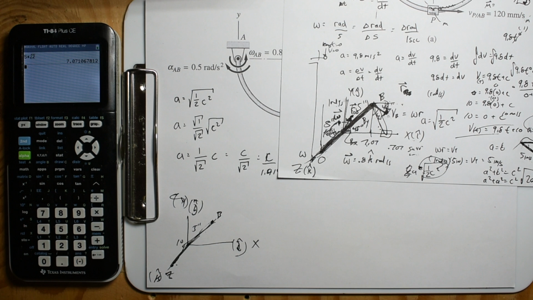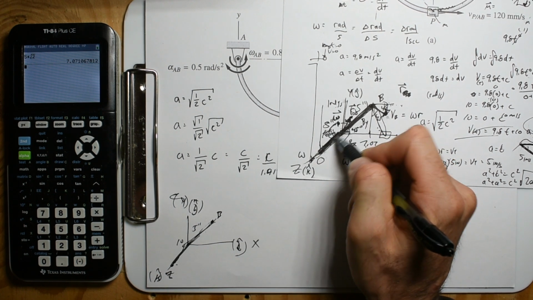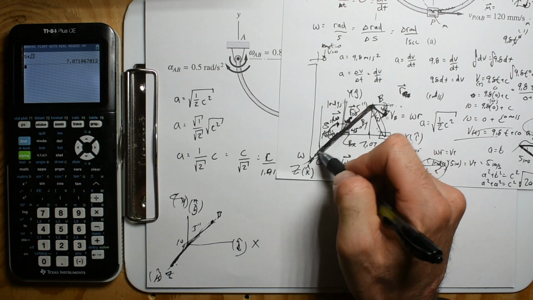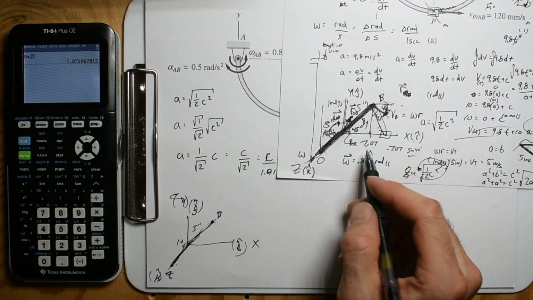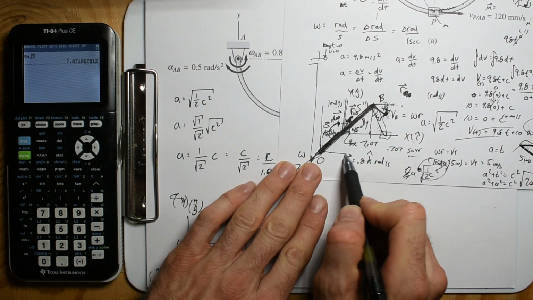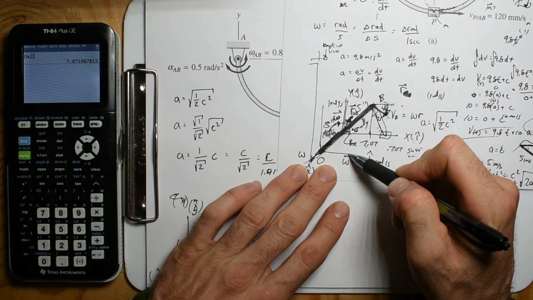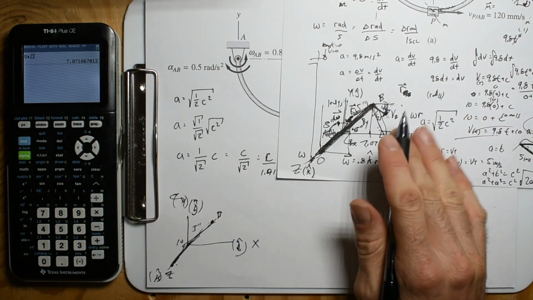Sorry I didn't draw it right, but we have 5 inches in the z-hat, the k-hat direction. We have 5 inches up to here to this B. So to get from point O to B, we would have to go in the x direction 5 inches, in the y direction 5 inches, and then in the z direction negative 5 inches.